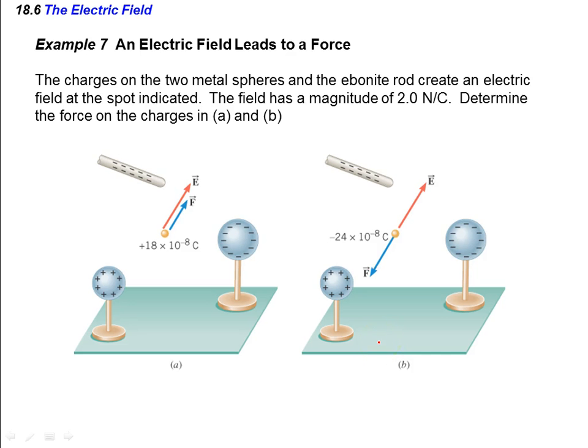So based on the electric field, we can find the force that a charge would feel if it were in the presence of that field. Given that in this situation here in A and B, we have a 2 newtons per coulomb electric field that is experienced at both of these points. We want to know what's the force that this experiences in each situation.